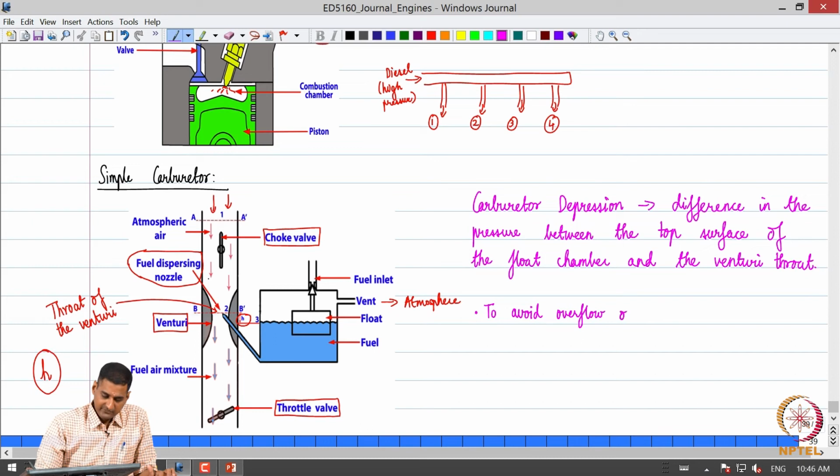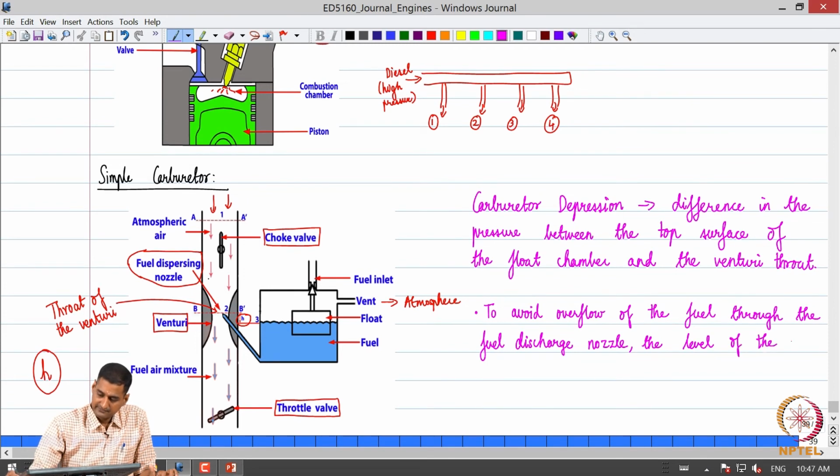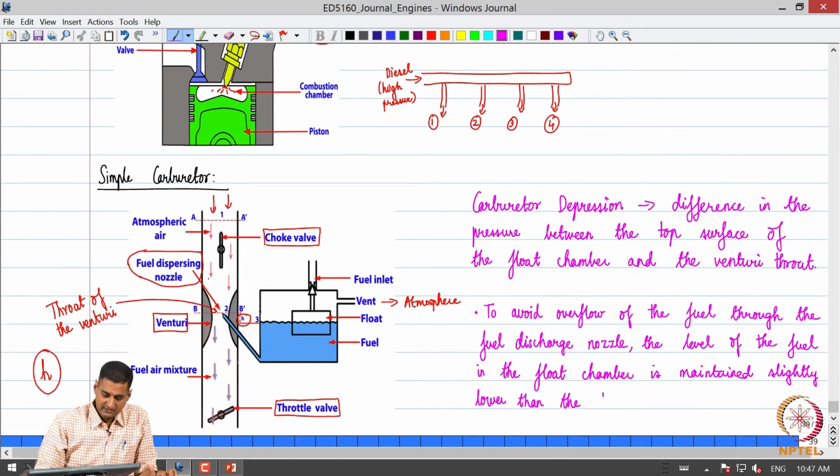overflow of the fuel through the fuel discharge nozzle, the level of fuel in the float chamber is maintained slightly lower than the tip of the fuel discharge nozzle.